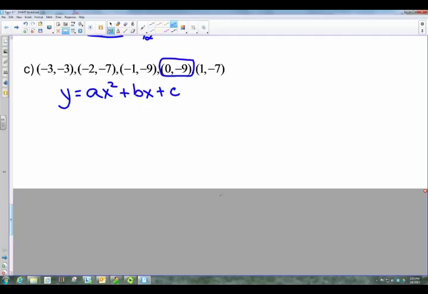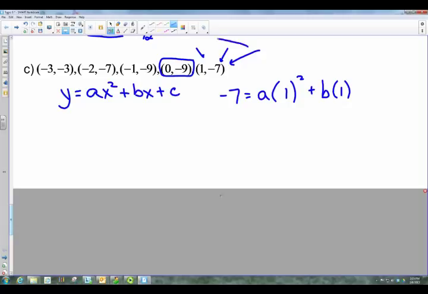Okay, so I've got y equals. I'm going to pick just another one, so we'll choose this one. Okay, so there's my y. So I've got -7 equals ax squared. Well, we know what x is. X is 1. Okay, for this point, remember I said we're choosing that point. So it's a times 1 squared plus b, we're not sure what b is, times 1 plus c.